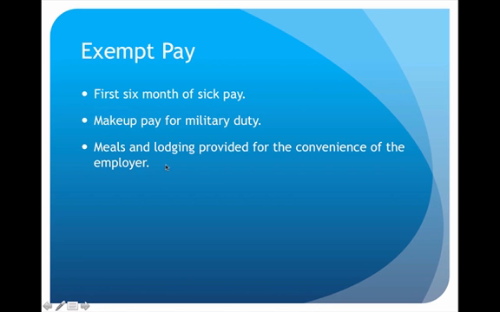Now think about that. Sometimes an employer will provide meals at the workplace or provide lodging arrangements, and it's actually for the convenience of the employer, so that the employee will be closer to the workplace for some specific reason. If the meals and lodging are provided for those reasons, those actually are exempt. So these things would be left out of the taxable base.